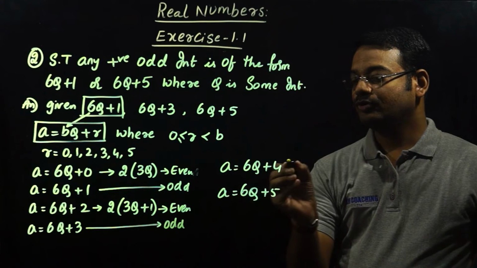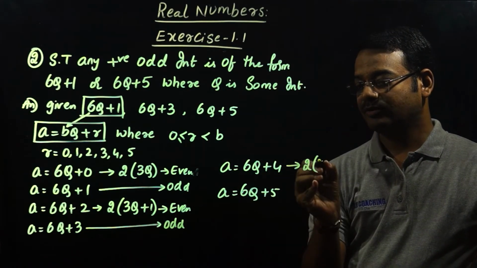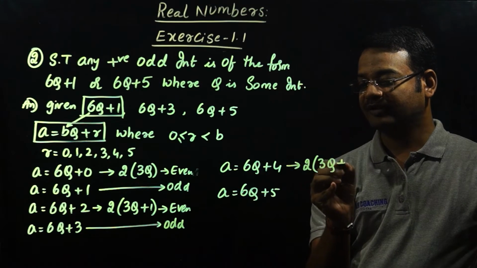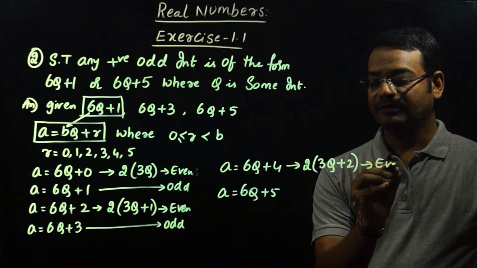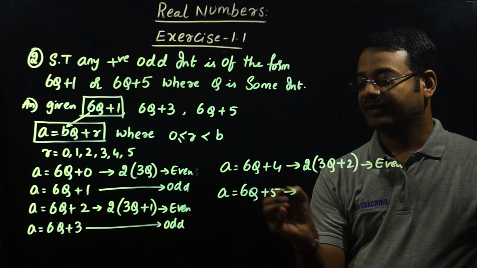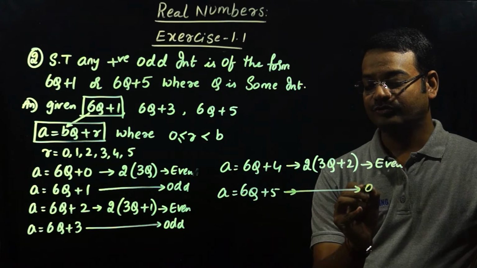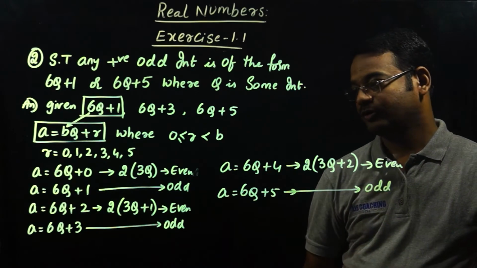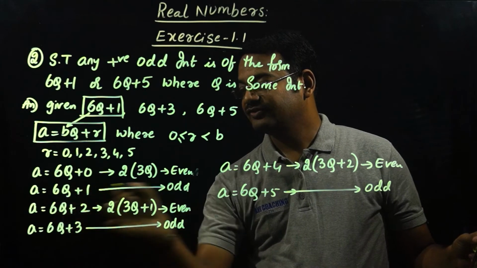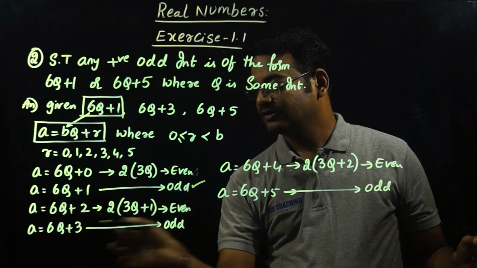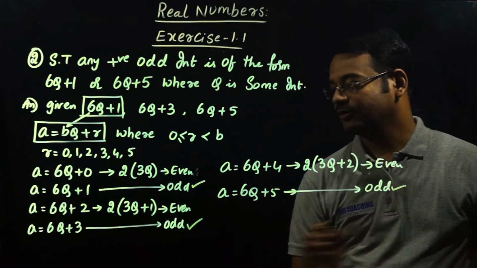And A equal to 6q plus 4, here we can take 2 common, so we can write 2 into 3q plus 2. Since this is a multiple of 2, this is an even number, and in 6q plus 5 we cannot take 2 as a multiple, so this is odd. So from this proof it is clear that only 6q plus 1, 6q plus 3 and 6q plus 5 are odd.